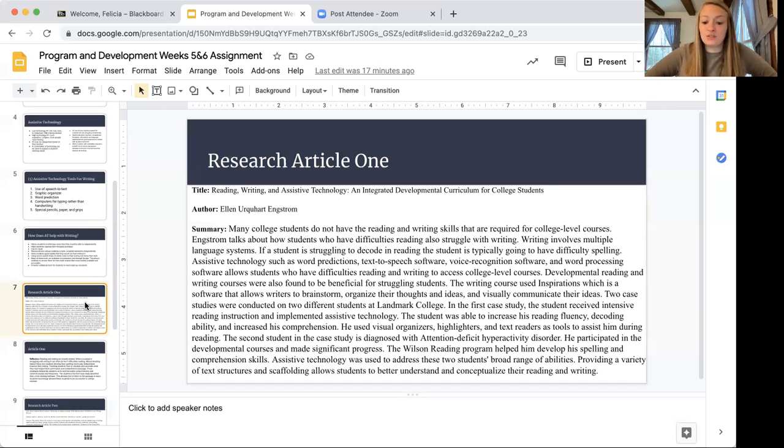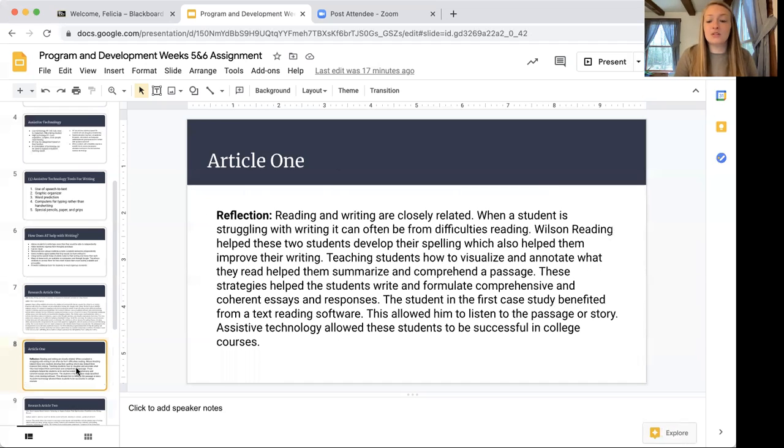These two adults, they got a college degree because they were able to access the information. So I thought that was extremely important. When a student is struggling with writing, they're often having issues with reading, and vice versa.